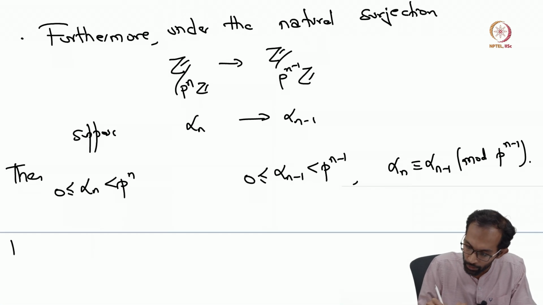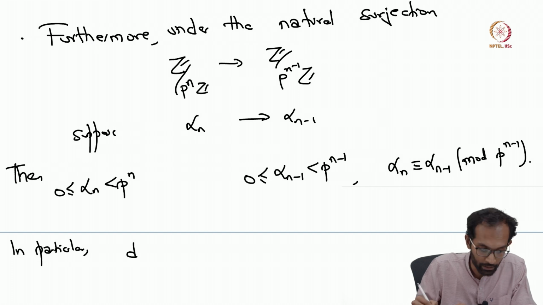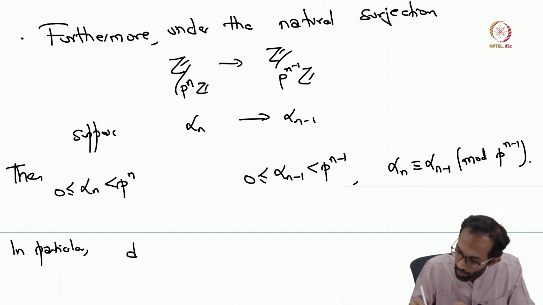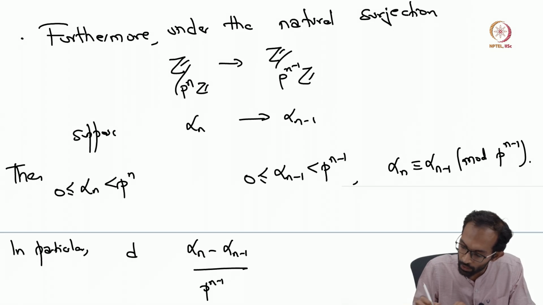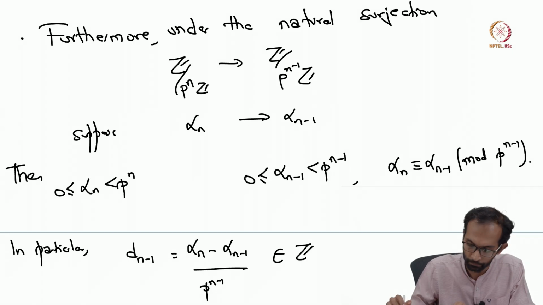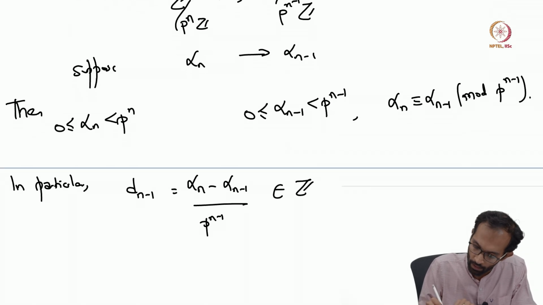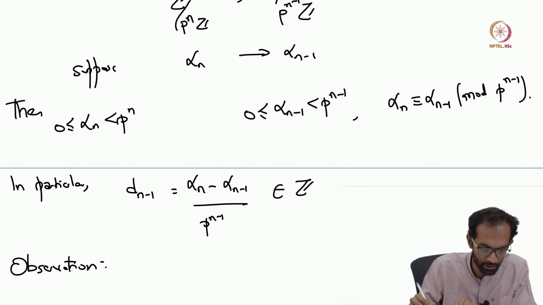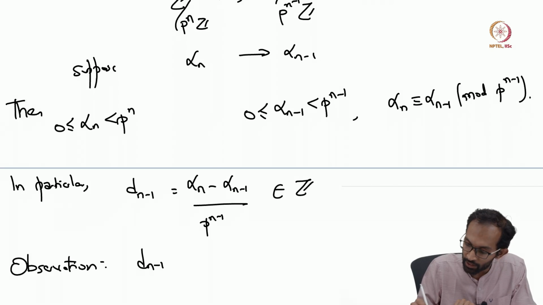Okay, so in particular, if you look at this ratio, (alpha_n - alpha_(n-1)) over p^(n-1), that's an integer, and I'll call it d_(n-1). Okay, an observation, a really elementary observation, is that this integer d_(n-1) should be between 0 and p-1.